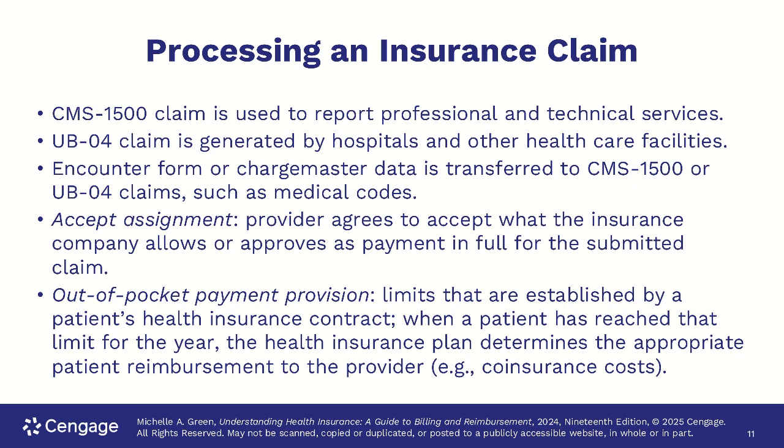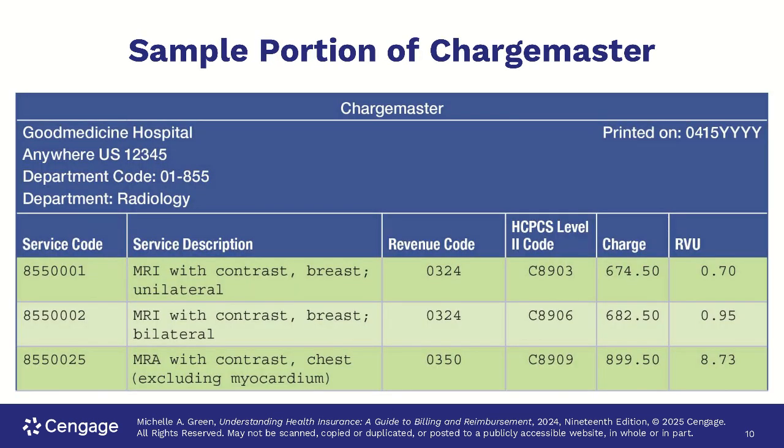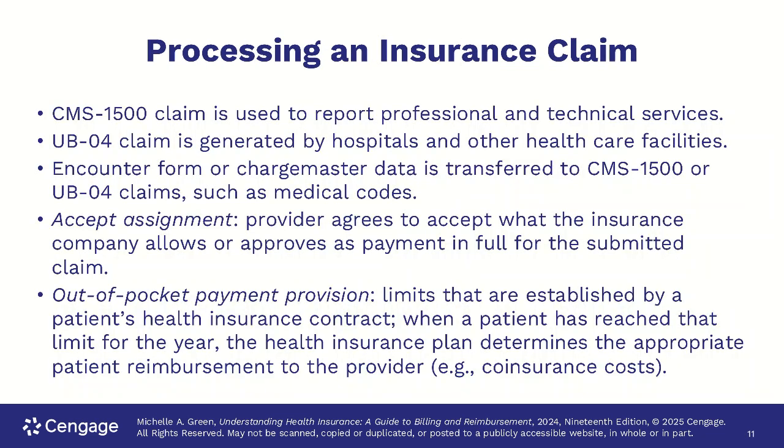So we may charge, and let me just go back, we may charge $674.50 for a service, but we may have negotiated with the insurance company that we'll take $400 for that service.